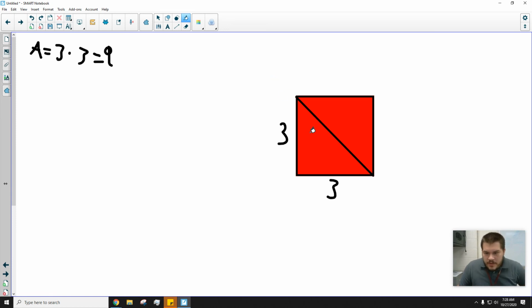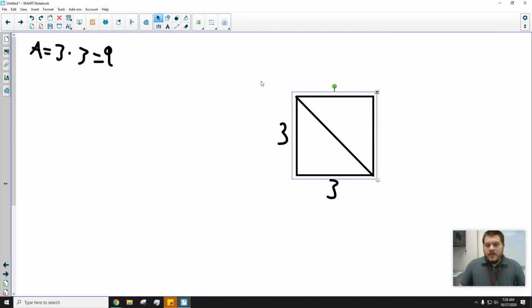No, that did not work. So I'm trying to think of the best way to explain this, but if I have a square here and I cut it in half, what is one of these two shapes? Well, they're triangles. And I'll draw what I drew just a second ago.